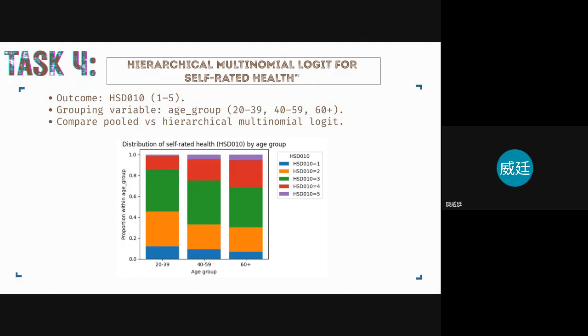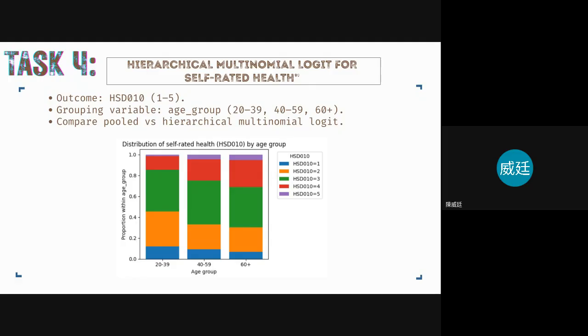So first, we can look at this stacked bar plot. It shows, within each age group, the proportion of people in each HSD010 level. For the youngest group, 20 to 39, most people have HSD010 equal to 2 or 3. That means very good or good.